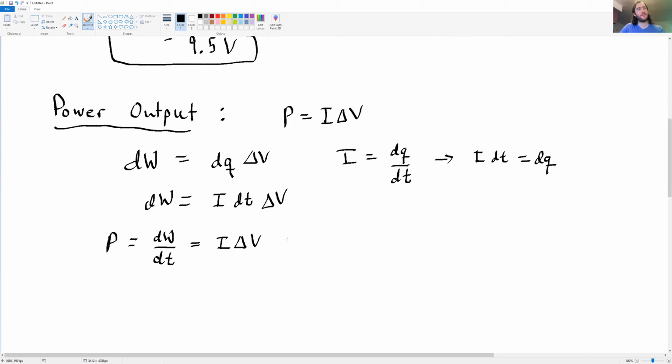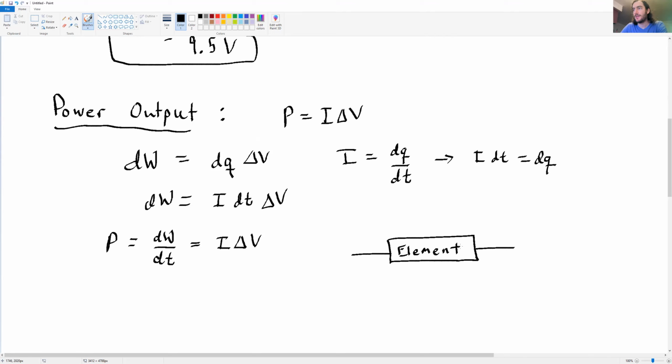All right, so the thing that maybe is a little bit tricky is when do you have power supplied versus power dissipated? Okay, and it all has to do with the following. Suppose I have an element of a circuit here. So this is just any element in a circuit.